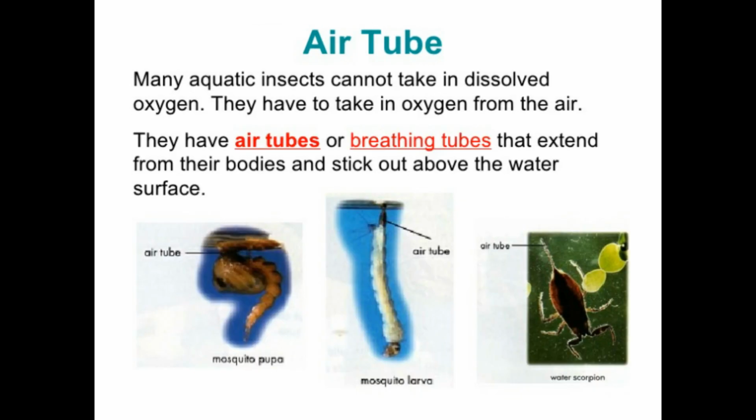Larvas and mosquito pupas and some water scorpions have this long breathing tube through which the air can go in. And this tube extends from their body and sticks out above the water surface to get the oxygen directly from air, not the dissolved one.